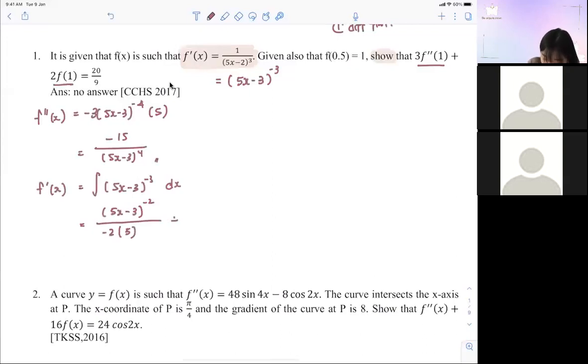Okay, then you have a plus c. So to find this c, you must always find the c first before you start to use it. Can you see that they give me one more piece of information here? When x is 0.5, f x is 1. So you're going to start the same thing.